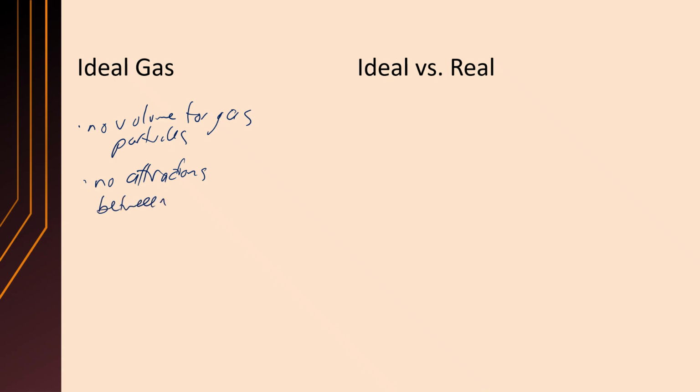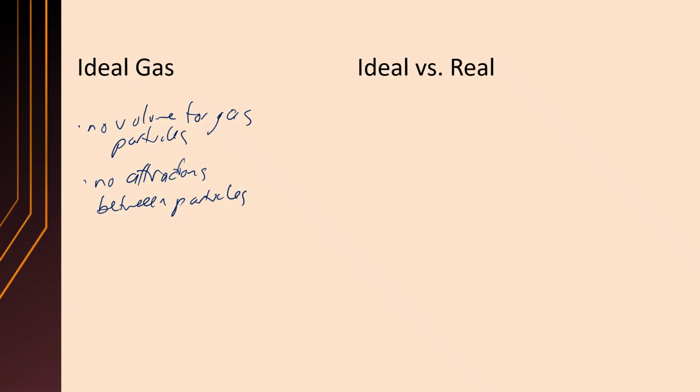Now, this is an idealized version of gas particles. It does not exist in real life. Real gases do have a volume of their particles that takes up some of the space in their container. They do have attractions between their particles.